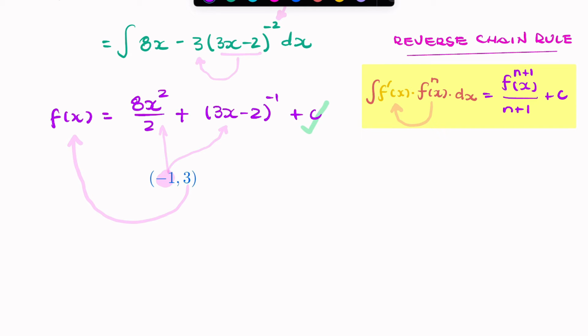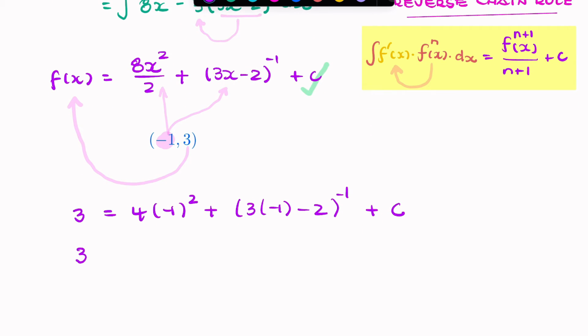I can say 3 equals 8 divided by 2 is 4, so that's 4 times minus 1 squared, plus 3 times minus 1 minus 2 to the power minus 1 plus c.